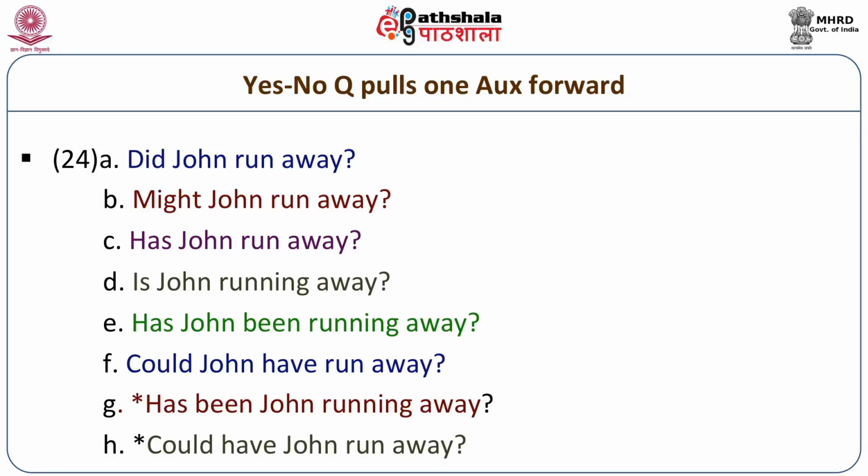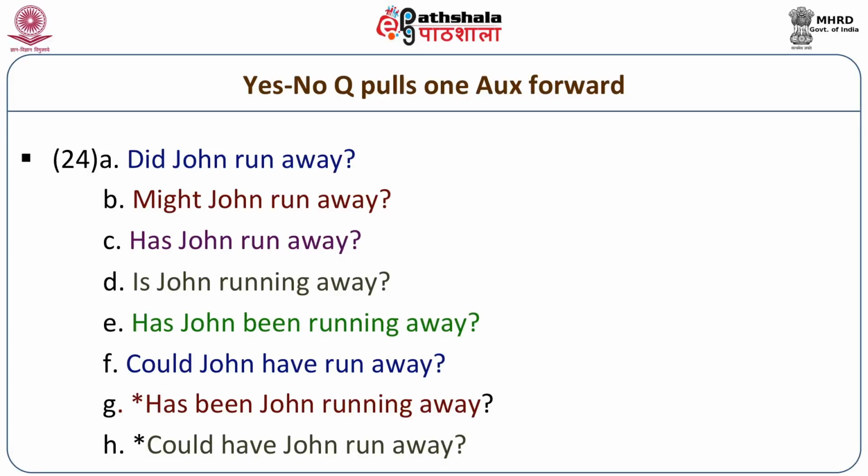We show this in exhibits 24E and G. Likewise, when there is John could have run away, we question that by asking 24F, could John have run away? We do not ask 24H, could have John run away? In other words, we never move two auxiliaries to the front.